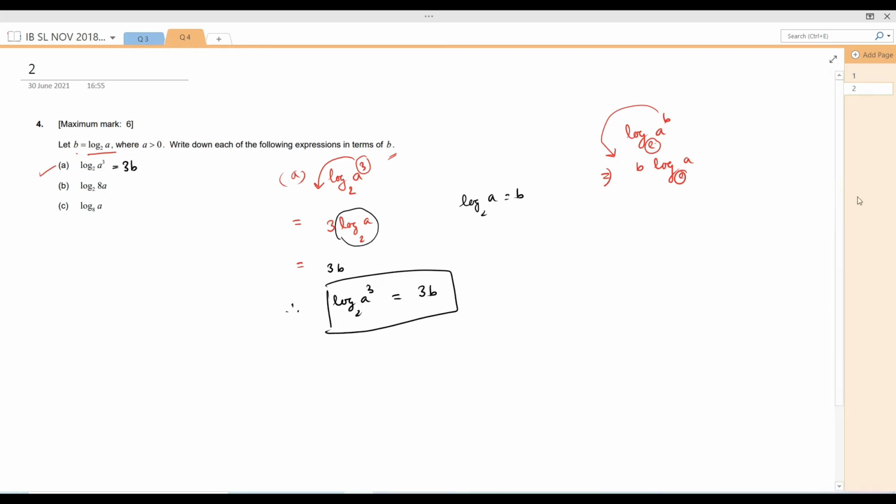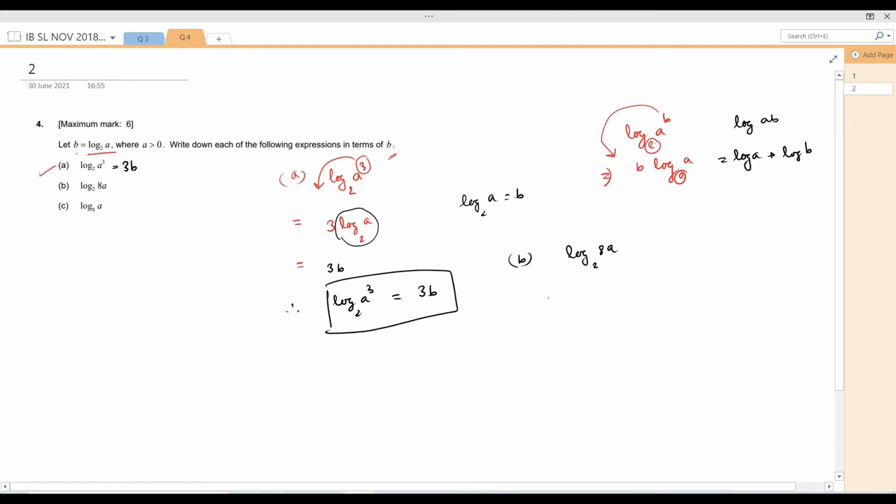Now the second question, part b: log base 2 of 8a. Again, just remember one formula, that log ab equals log a plus log b, irrespective of any base.